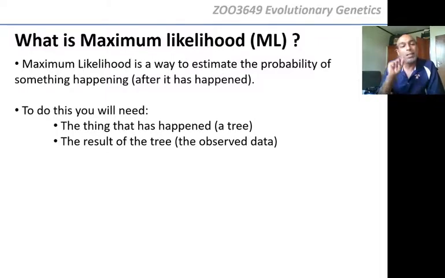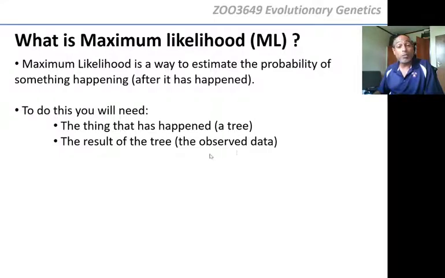We need the result of the tree. What did evolution create while it was happening? While that tree was happening, while the evolution was happening in that tree, what was created? DNA sequences were created. Genomes were created. And that is what we call the observed data. Our DNA sequences are the observed data.